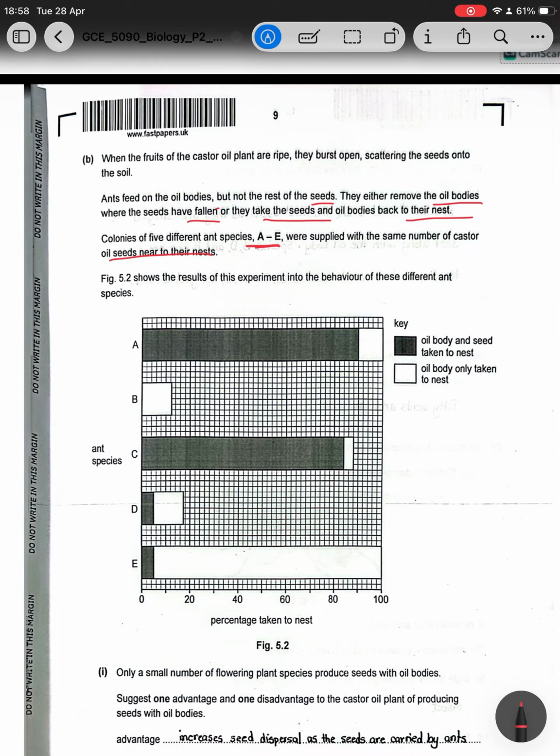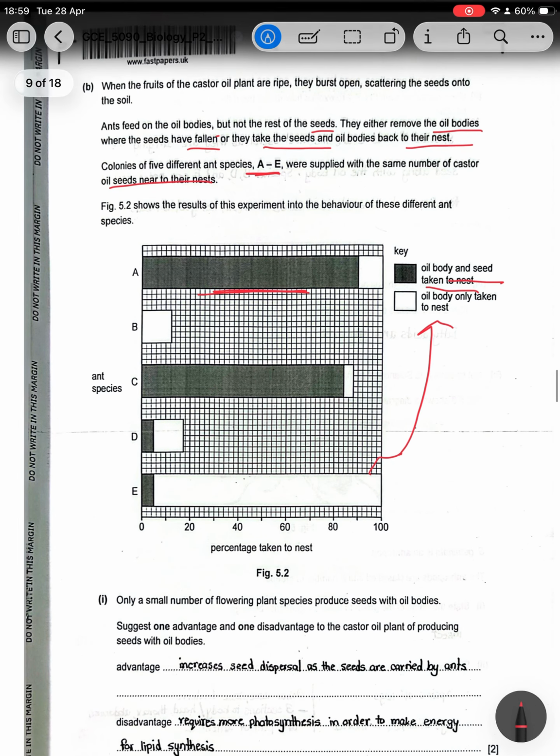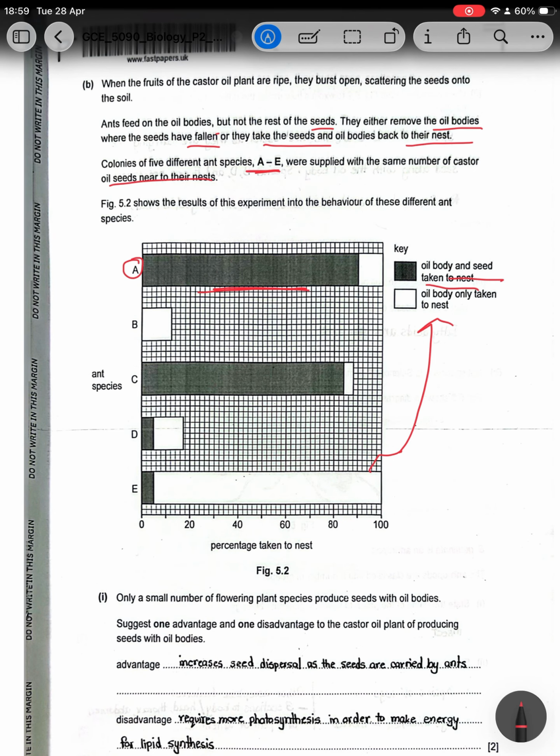So the darker area of the bars indicates that oil body and seeds were taken to the nest, and the white part shows that only the oil body was taken to the nest. So just to break it down a little bit, ant species A has mostly taken the oil body and the seeds to their nest, whereas B, only some of them just took the oil body, but they mostly didn't take anything back to their nest.